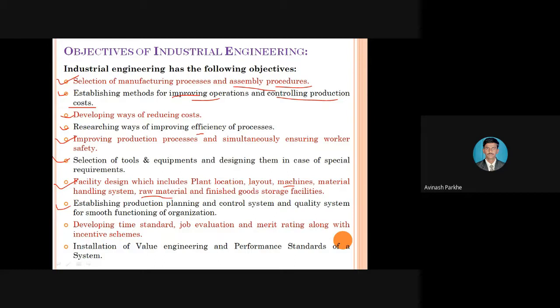It is not possible to focus only on production. We have to focus on the quality of the product. Sometimes products are manufactured in mass quantity, but we are not checking their quality. Therefore, quality is also considered an important objective of that particular IE.